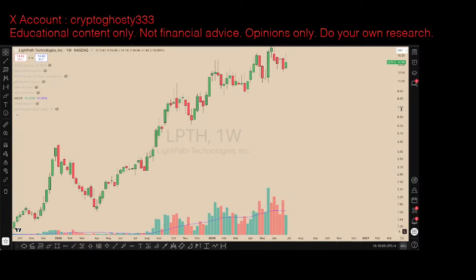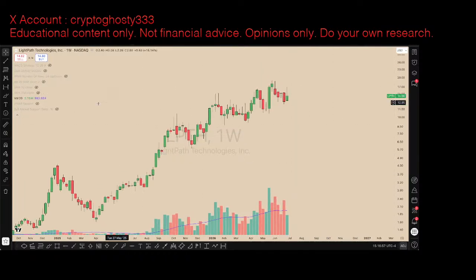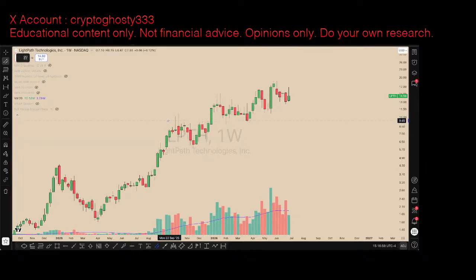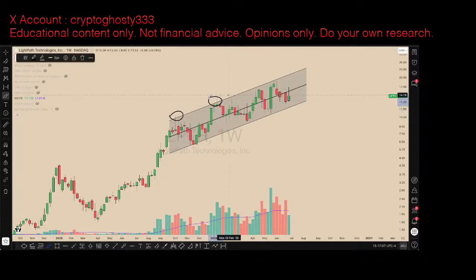On the weekly time frame, I'm seeing a channel. We have been in this channel, right? And why do I determine this a channel? Because you connect this pivot to this pivot and you can see clear reactions, clear rejections, this being a resistance zone.